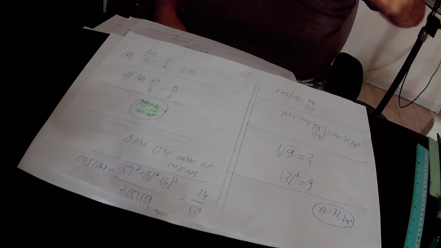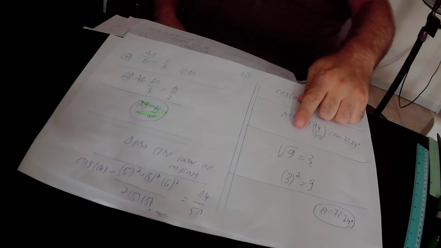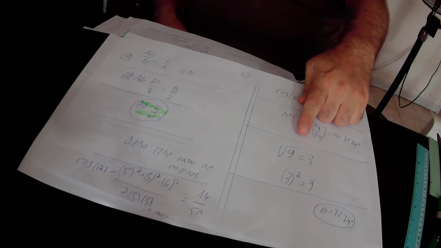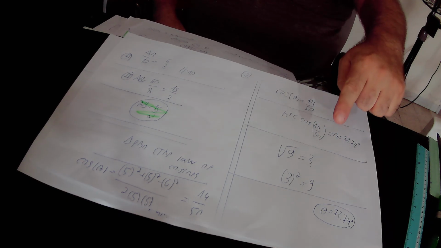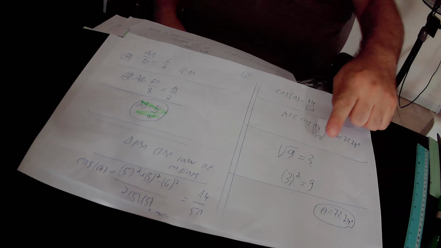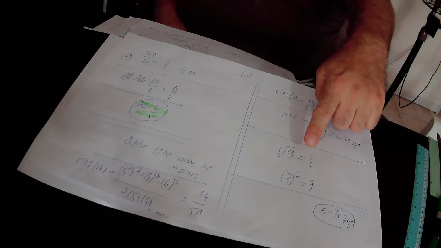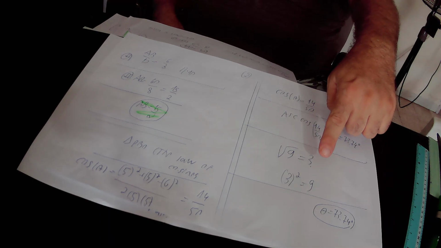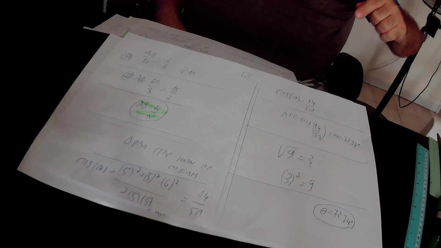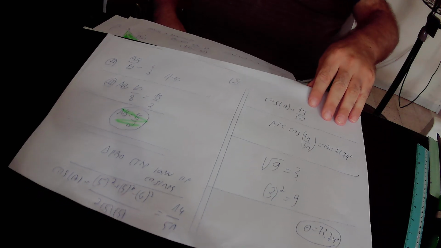So by operating the inverse function of the original function, we got the original number, because 9 is the original number. We did exactly the same thing here.